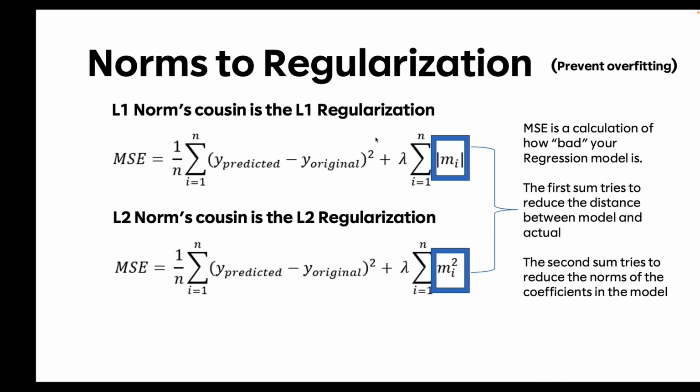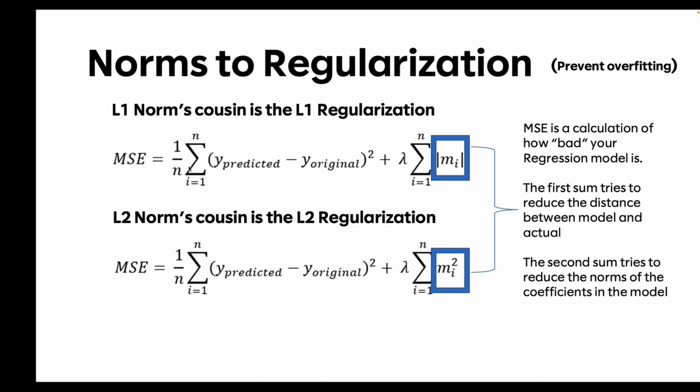So when we talk about that battle of distances, this first term is where you're trying to reduce this number. You're trying to make the difference between the prediction and the actual observations smaller. You're trying to reduce the distance between them.